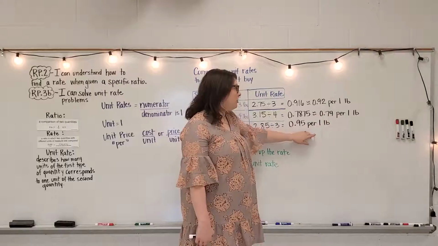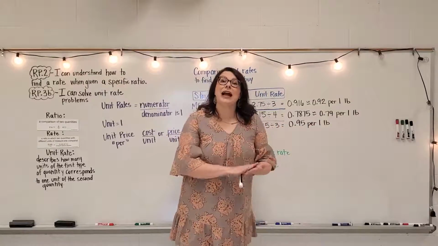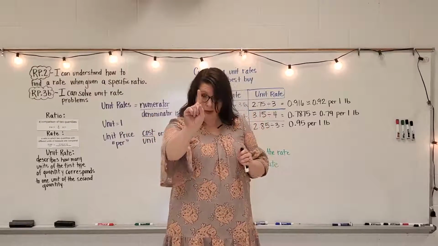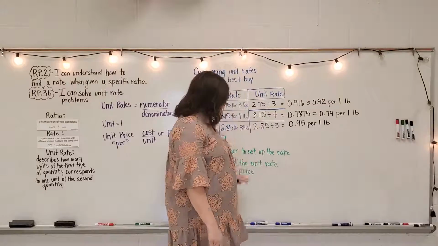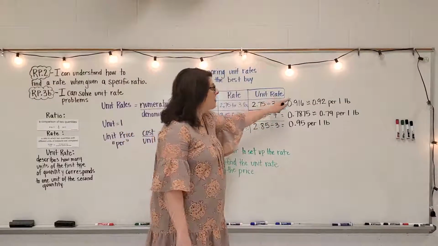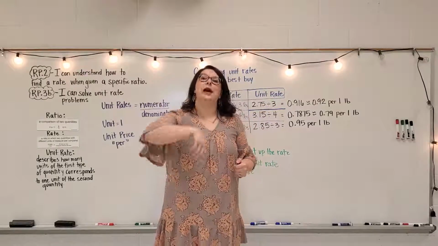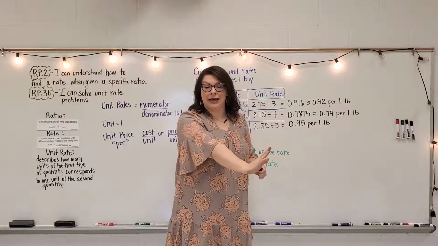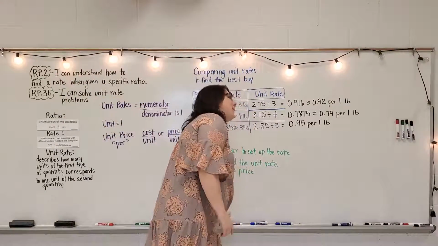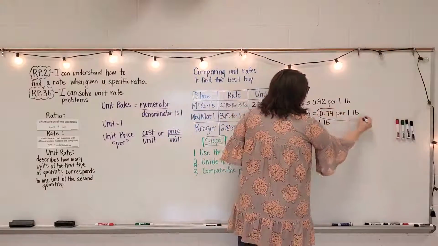In the third grocery store, I can get 1 pound for 95 cents. Now that I have changed it into a unit rate and gotten everything down to per pound, 1 pound, now I can compare the price and find the best buy. So if you're looking at this, remember from 5th grade when we compare decimals, we line them up and we go from the greatest place to the smallest place. And if you look at this, my best buy is the middle one for 79 cents per pound.